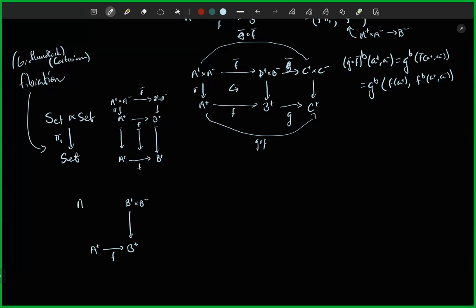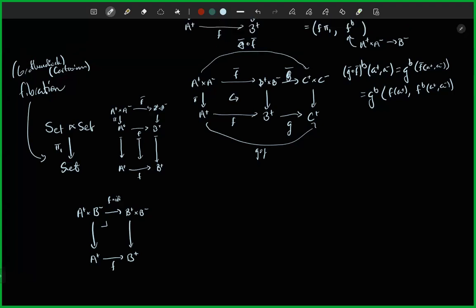And the pullback I can form is going to be of this sort. I'm going to take A minus to just be B minus. And so at the top, I'll just take F times id. And at the bottom, I have F.